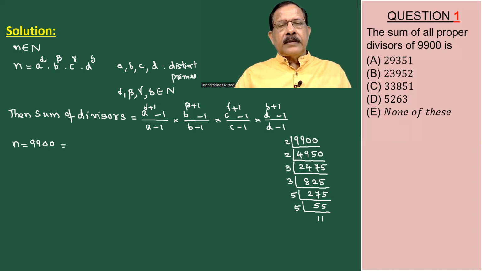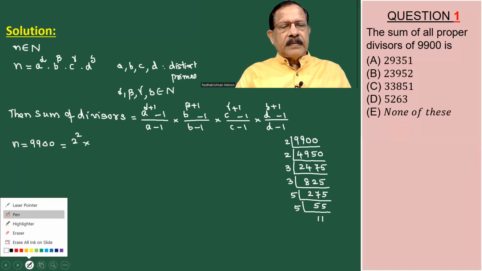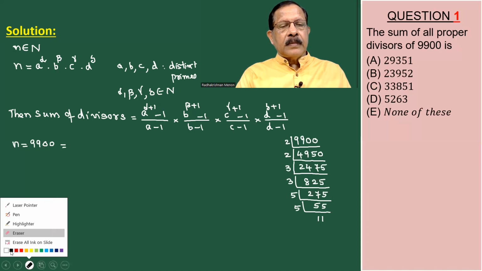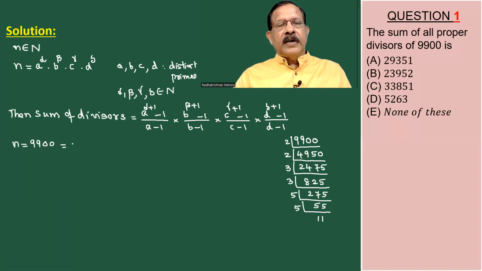So this you can write as 2 square into 3 square into 5 square into 11 to the power 1. So the powers are 2, 2, 2, and 1. So straight away we can go to the sum of divisors.